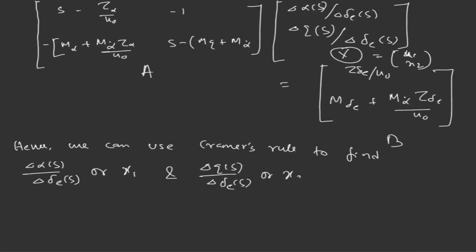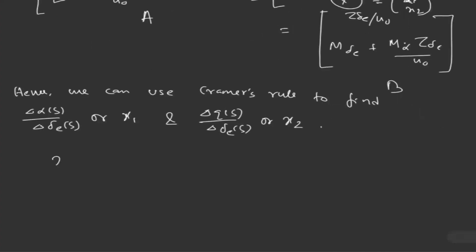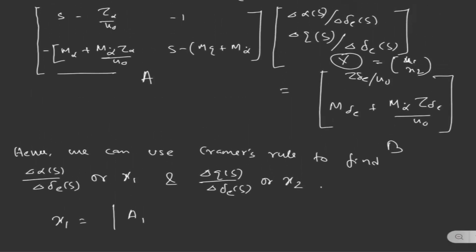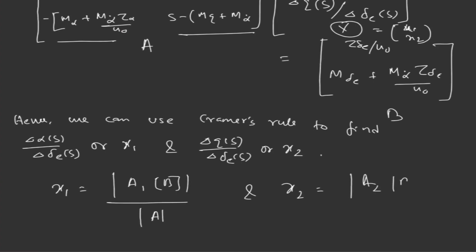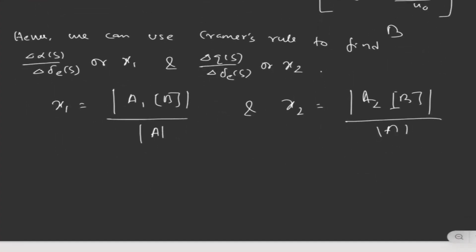Through Cramer's rule, x1 you can find as determinant A1 B, where A1 has the first column replaced, divided by determinant A, and x2 we can find as determinant A2 B divided by determinant A. This is how I can find it.